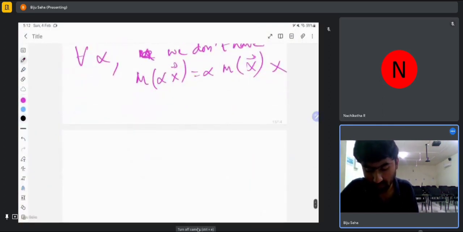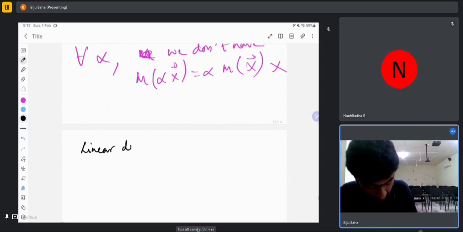So we already know from the previous class that linear dependency or linear independency is satisfied when the following conditions are satisfied.